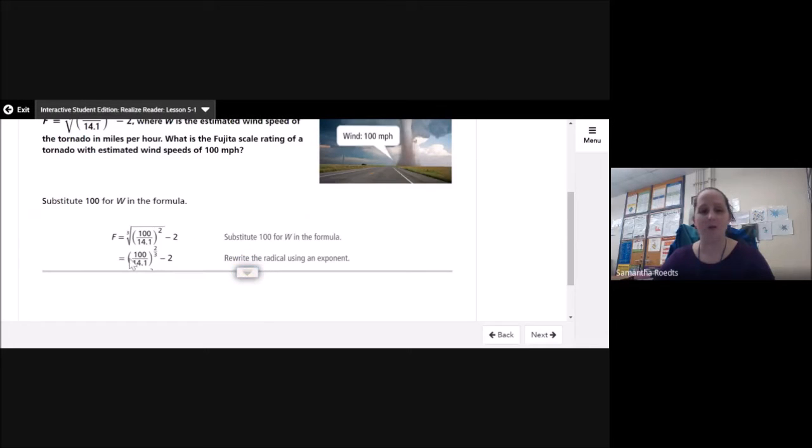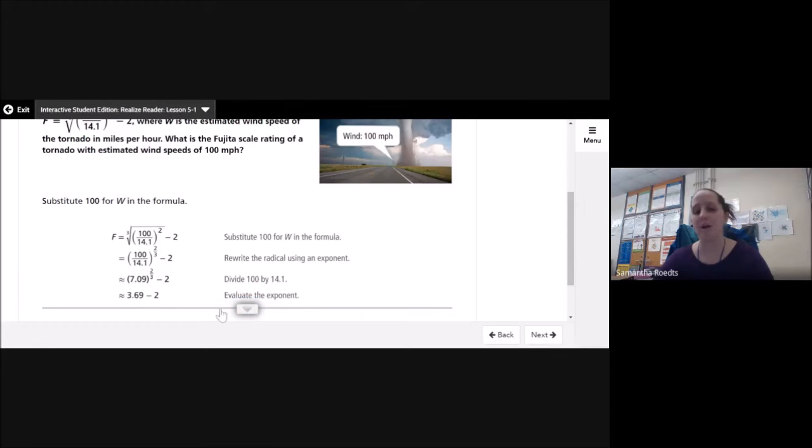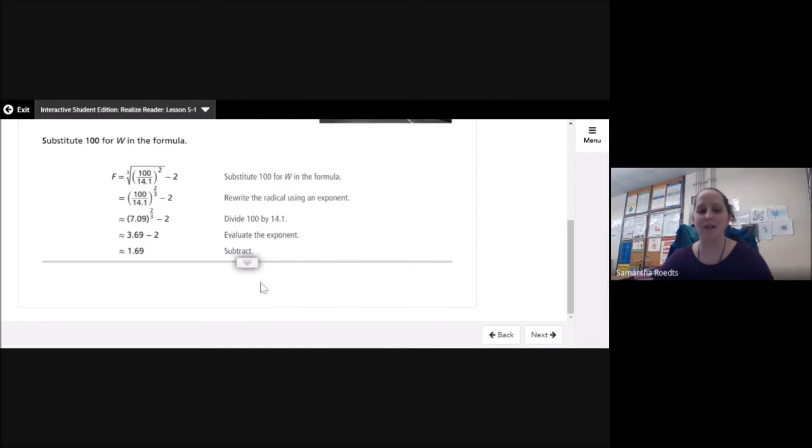I can rewrite that as 100 over 14.1 to the 2/3 power, minus 2. This gives me 7.09 to the 2/3 minus 2, which gives me 13.69 minus 2, or 1.69. So a tornado with estimated wind speeds of 100 miles per hour is classified as F1 according to the Fujita scale.